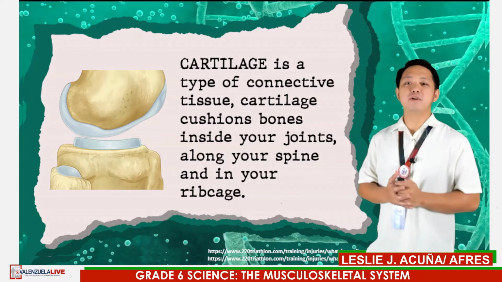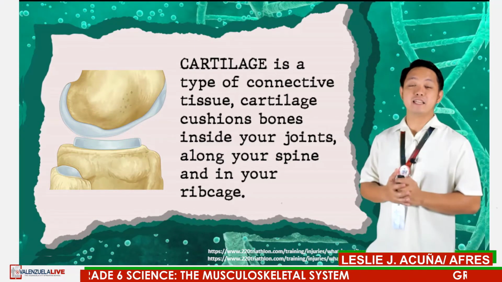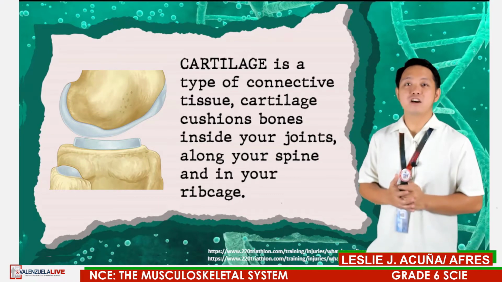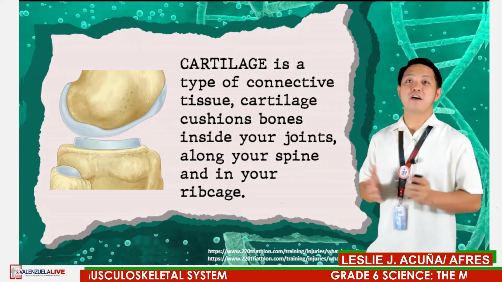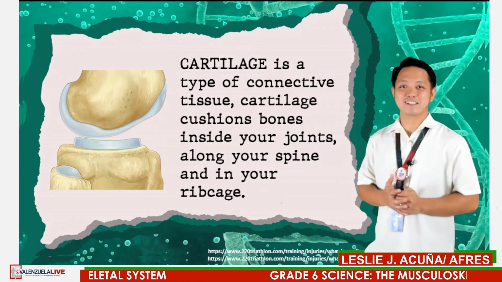Firm, rubbery cartilage protects bones from rubbing against each other. You also have cartilage in your nose, ears, pelvis, and lungs.